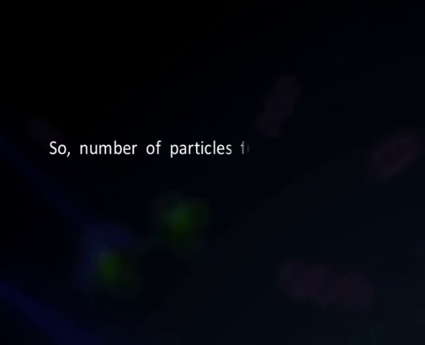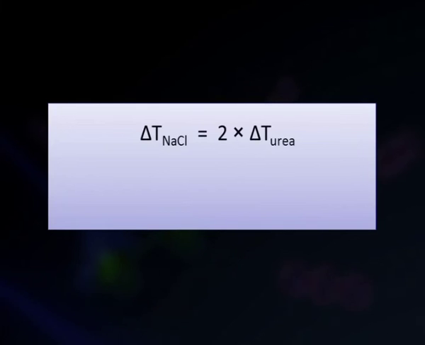In the case of sodium chloride, as alpha is equal to 1, the number of particles furnished by one particle will be equal to 2. Hence, delta T of sodium chloride will be equal to 2 into delta T for urea, which is equal to 2 into 3.72, which is equal to 7.44 degrees Celsius.